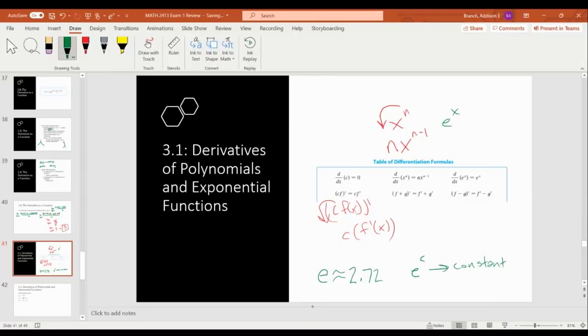Now e to the x, because that x variable is up there, that's going to be an actual function. So just keep in mind not to get those confused whenever you're taking a derivative. So the derivative of e to the x is e to the x. Derivative of e squared would just be 0.